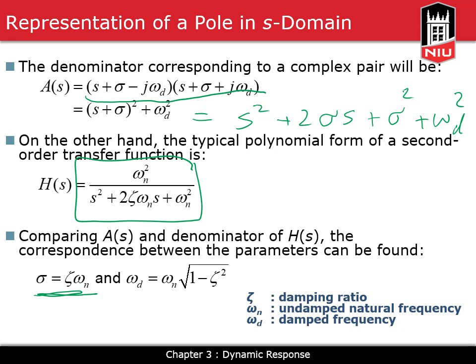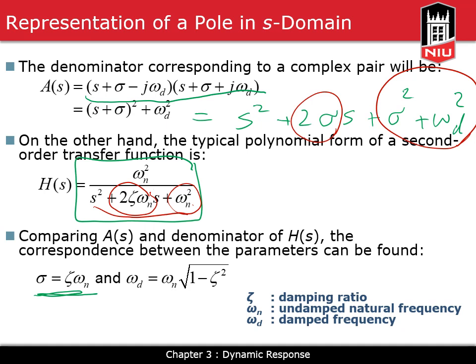If we compare this to the denominator of H of s, we see s squared shows up in both. 2 sigma must be equal to 2 zeta omega n, and sigma squared plus omega d squared must be equal to omega n squared. That is if we want to compare that to the standard second order transfer function.